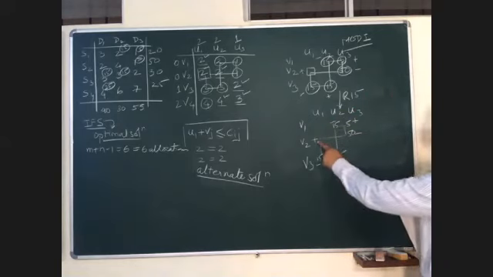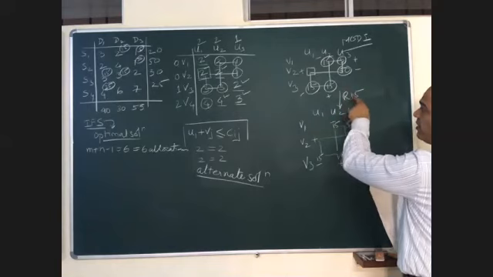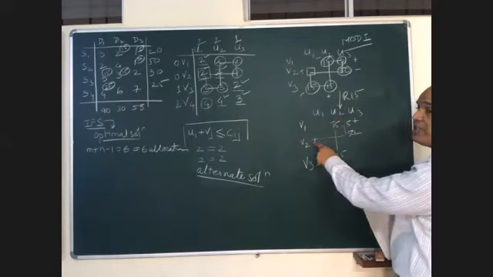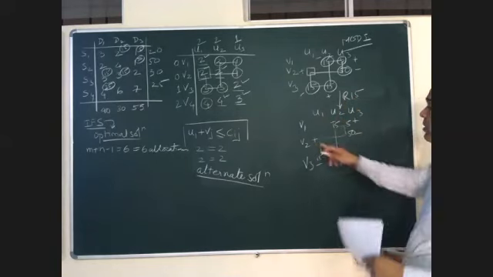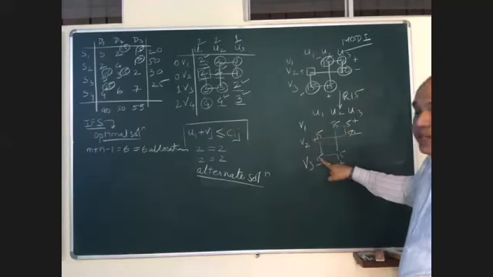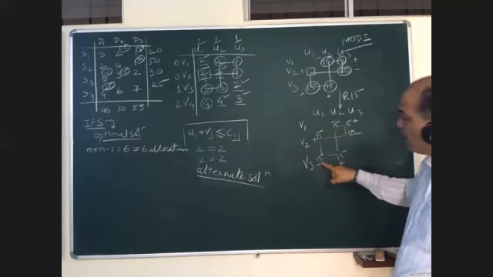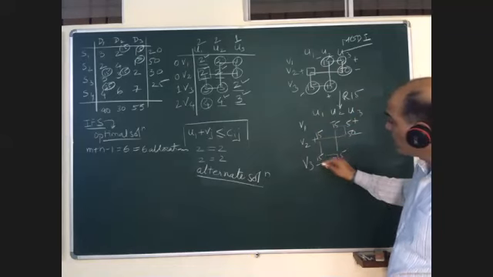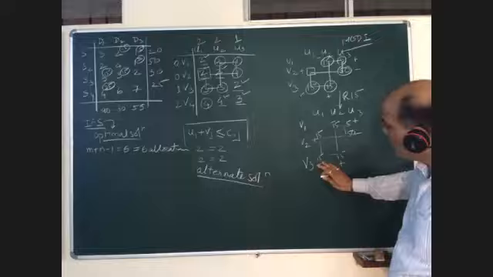Right? Positive sign. How much have we written? 15. So wherever the positive sign is there, add 15 units. So this will become 15. Here it is minus 15. So this will become how much? 0. 15 minus 15 is 0.